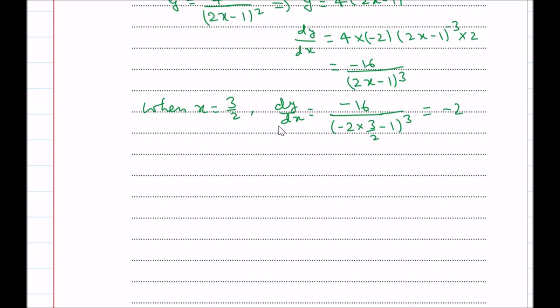What does it mean? Dy by dx gives us gradient of tangent. So gradient of tangent, m of tangent, is minus 2. So m normal will be 1 by 2, right?